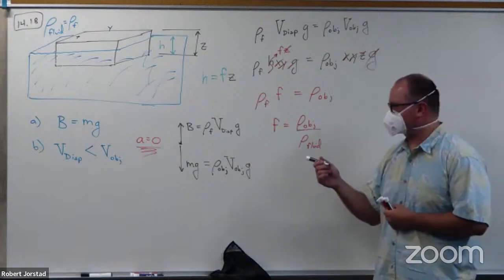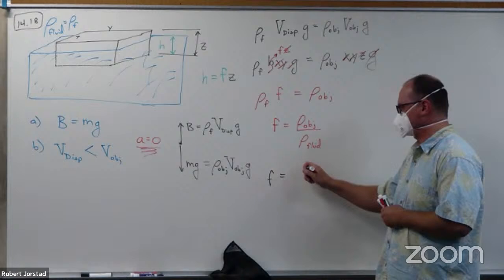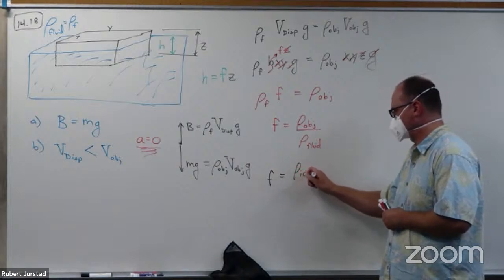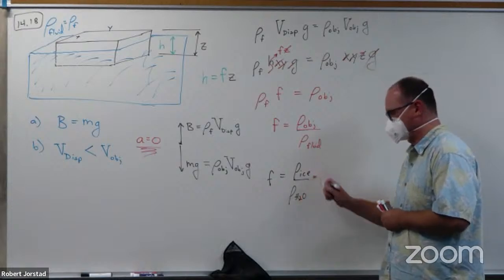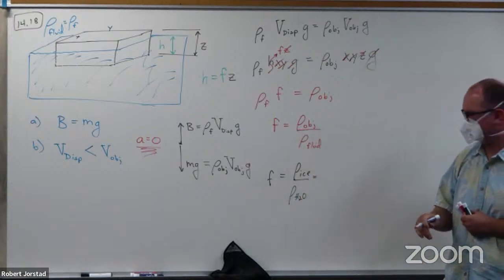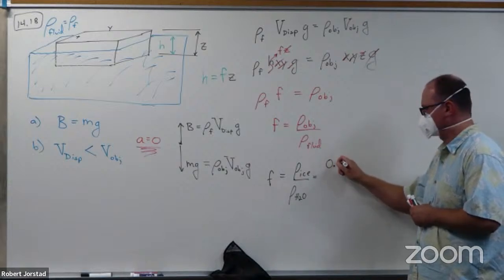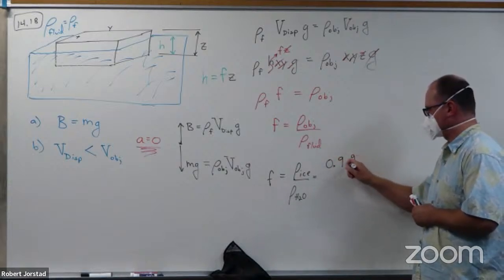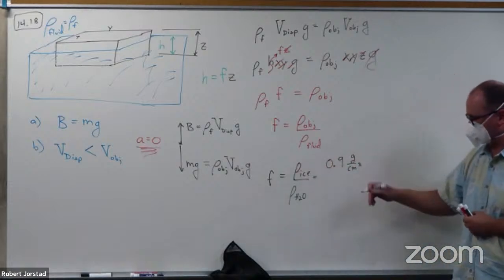Let's say this object was an ice cube. Does anybody know the density of ice? Approximately. Yeah. So I'm going to use grams per centimeter cubed. We could also use 900 kilograms per meter cubed.